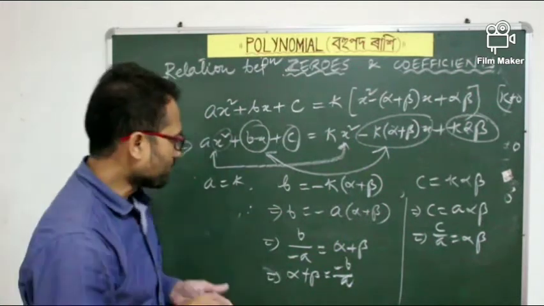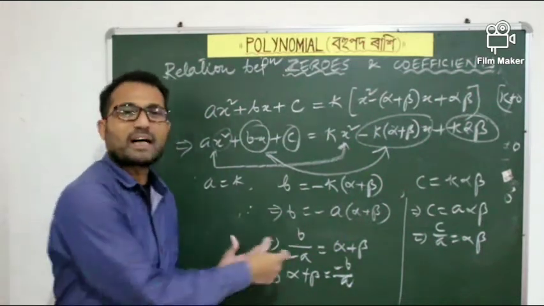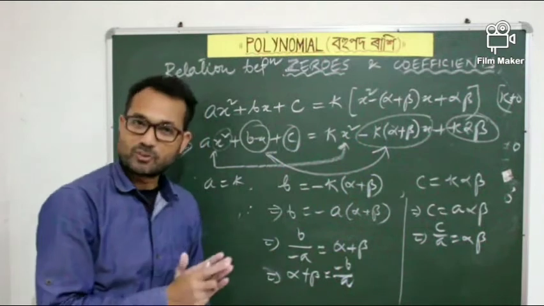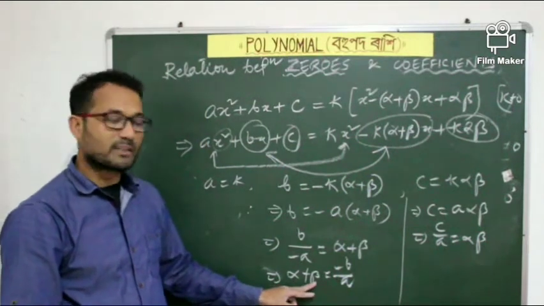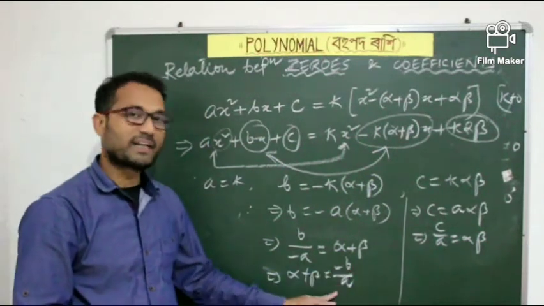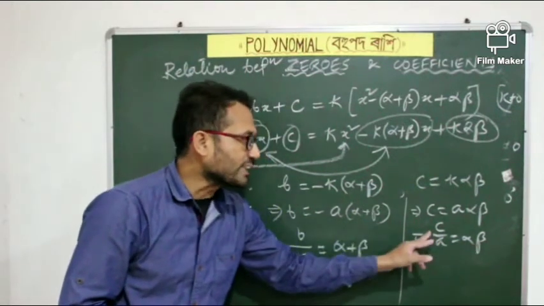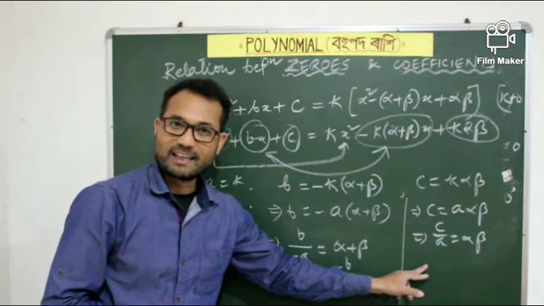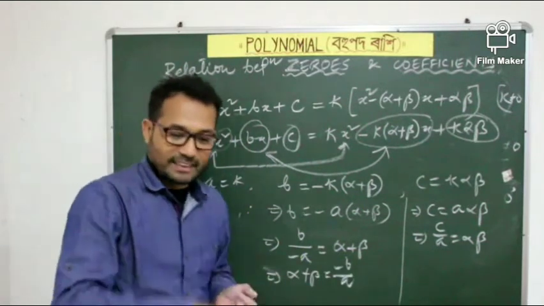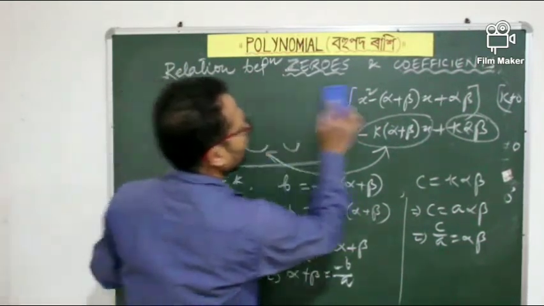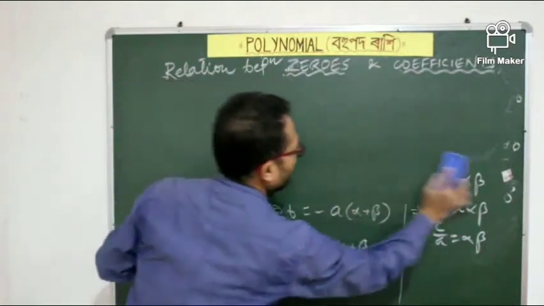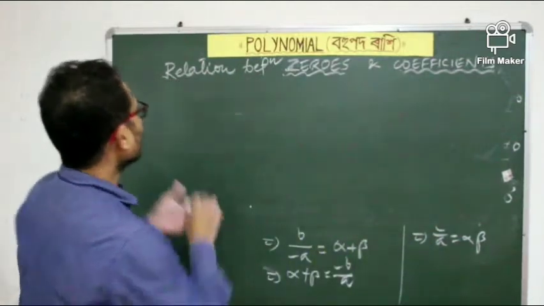So what have we got? Alpha and beta are the zeros. The sum of the zeros we got as minus b by a, and the product of the zeros, alpha into beta, we got as c by a. Let me write it nicely.